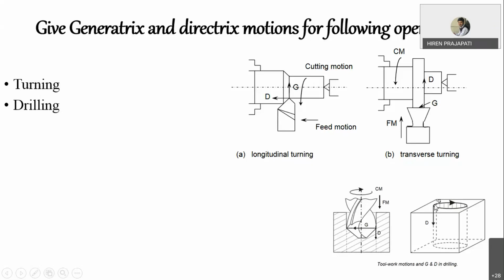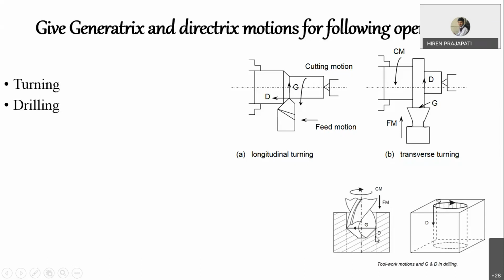So again, rotation of the spindle or drill bit is called the generatrix. In this diagram you can clearly see this peripheral motion of the drill bit, that is called the generatrix. And now we want to get a hole up to a certain depth, so we need to insert the drill bit along the axis of the hole. That's why this direction, capital D, is the feed direction, and that's why it is written feed motion.